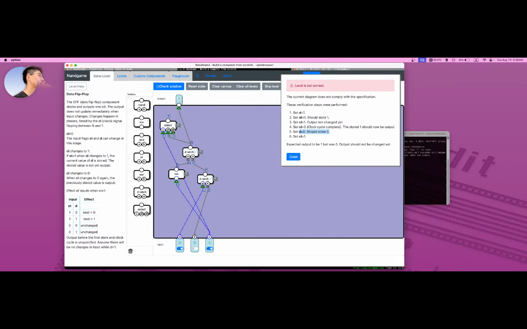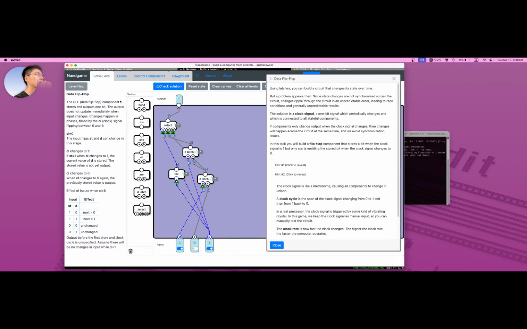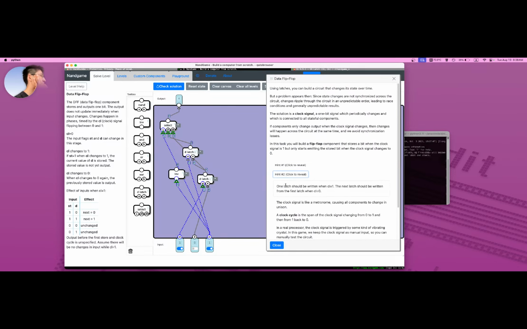Get from here. Otherwise, get from here. No, we need half. Second half. One latch should be written when clock is 1. The next latch should be written when the first latch, first latch when clock was 0.